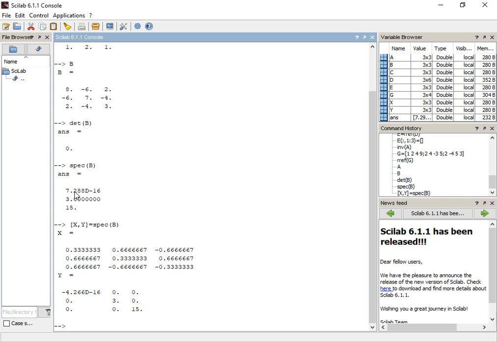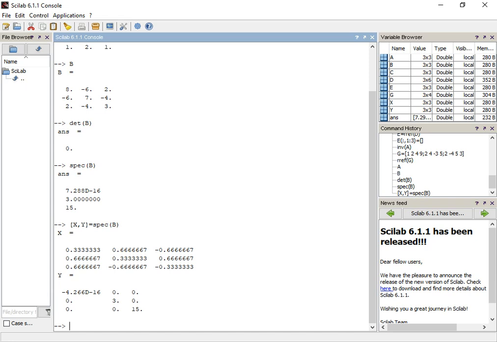It will write down the eigenvalues and eigenvectors in this fashion. Here this value is approximately 0, this is also approximately 0. It is showing different values, but you know that it is 0. So this is 0, this is 3, and this is 15. Here you are getting the corresponding eigenvalues.